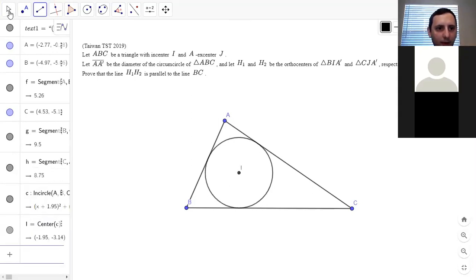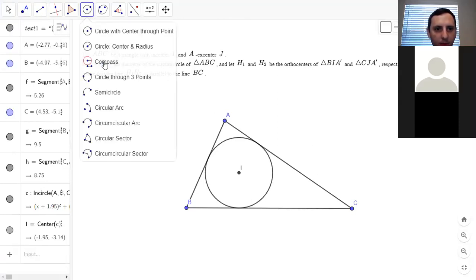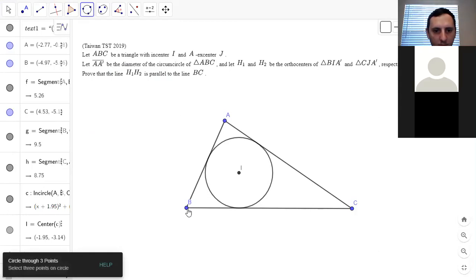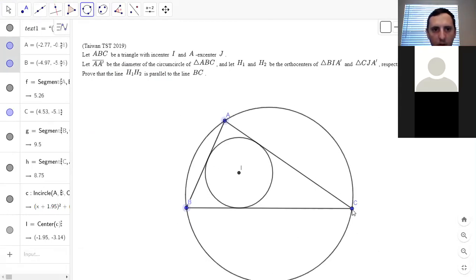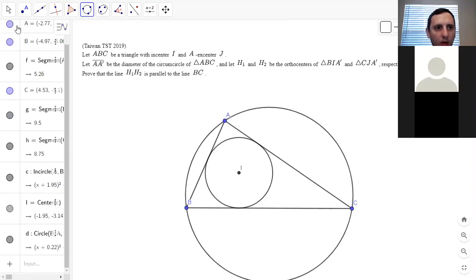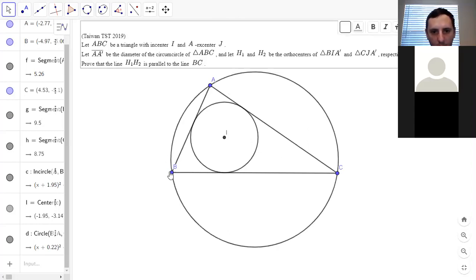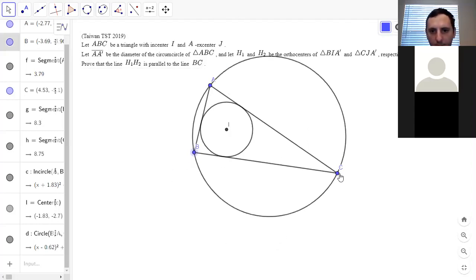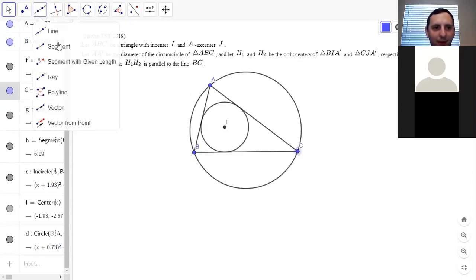Wish there was a way to draw excenters with GeoGebra. So the A-excenter is J. Let me shrink this. The only thing with excenter problems, I like them a lot, but they take up a lot of space.